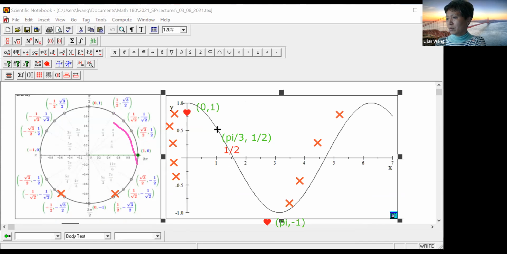The purple. The stars here. And the purple. Does everybody follow me?